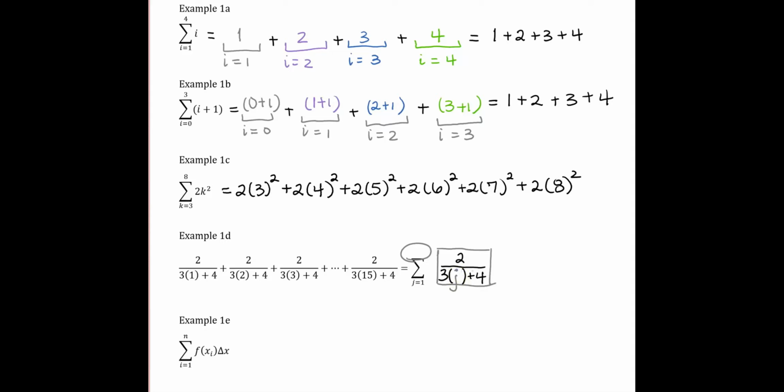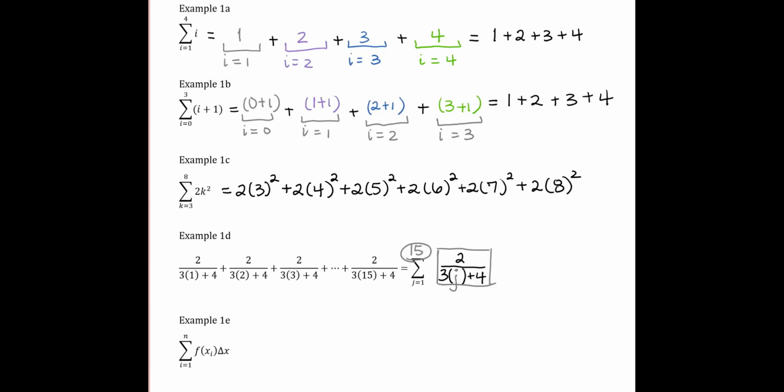So j is what we are multiplying the 3 by. It goes from 1 to 2 to 3, all the way up to 15, and then it stops. There's no more terms after the 15th term. And so the upper bound for our sum is 15.